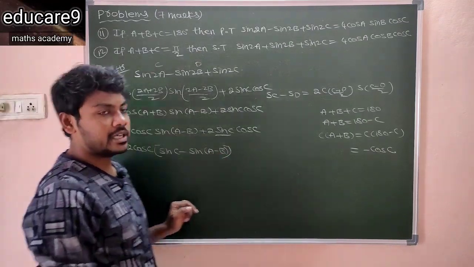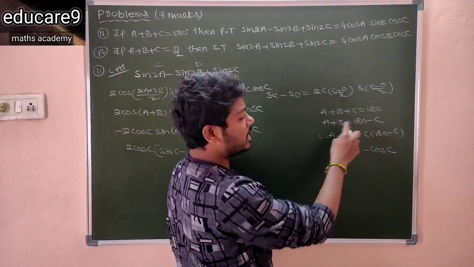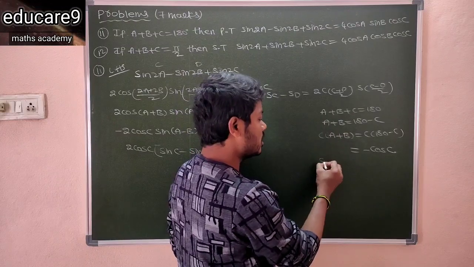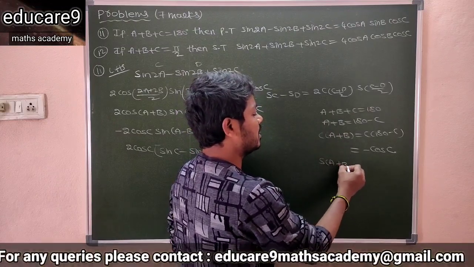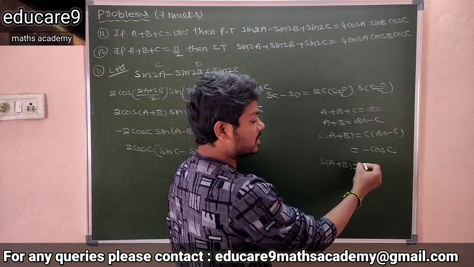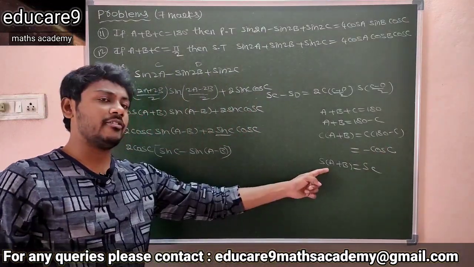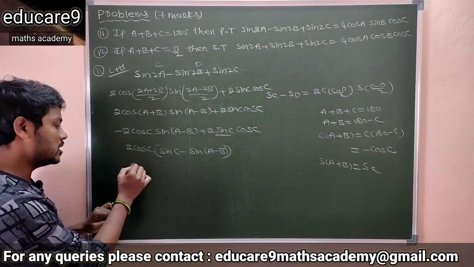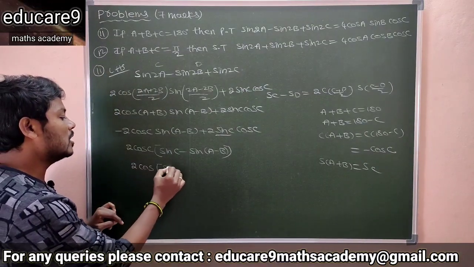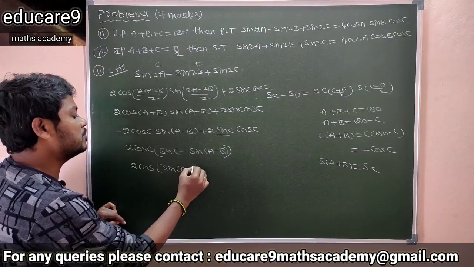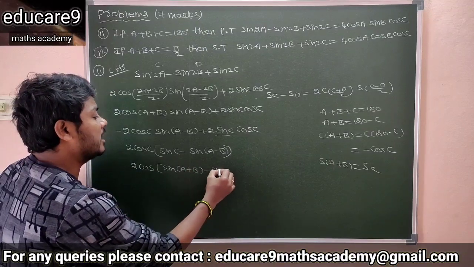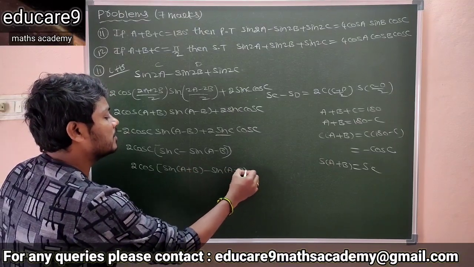Now a plus b equals 180 minus c. Apply sin on both sides. Sin of (a plus b) is sin of (180 minus theta), which is sin theta. So sin c can be written as sin of (a plus b). So this is 2 cos c into [sin of (a plus b) minus sin of (a minus b)].